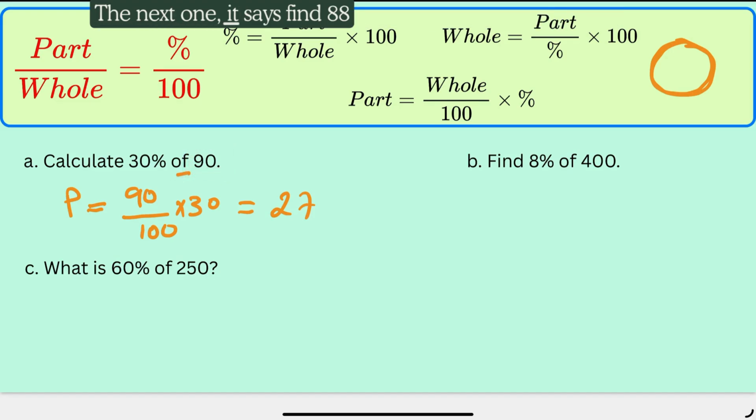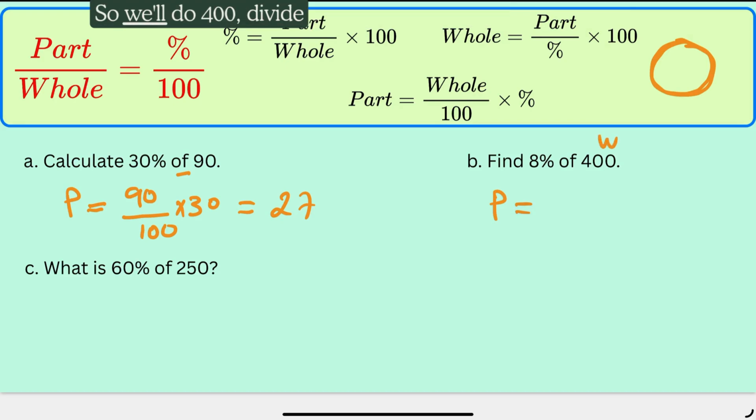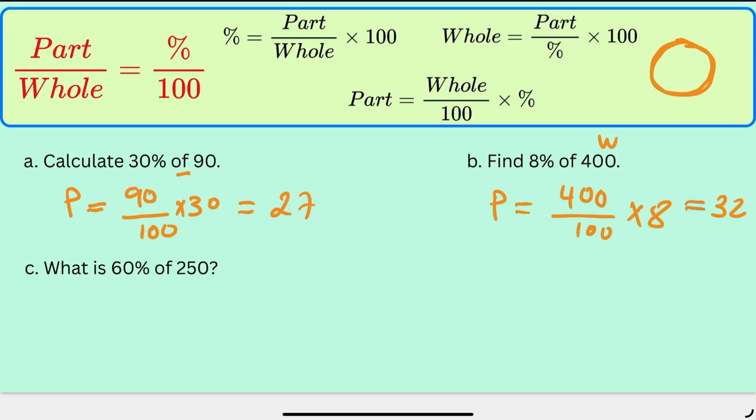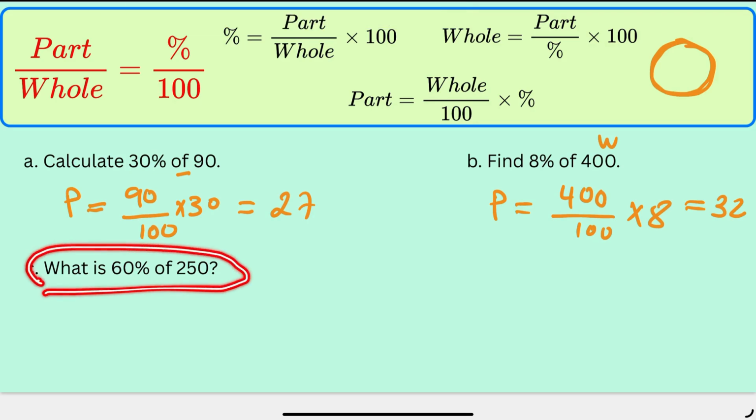Remember, anytime you have this "of," the next number is the whole. The next one says find 8% of 400, meaning again part. Why? Because this is the whole. So we'll do 400 divided by 100 times 8. And this one here will give me 32. The next question: what is 60% of 250?